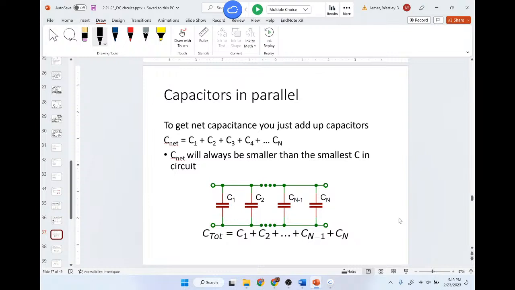So it's really nice and easy when they're in parallel. And this one, I don't need any math to help you understand why this is, which is kind of nice. Capacitors in parallel just get added. Here's the trick to understanding why. What is capacitance? Capacitance is how much charge they can store per unit voltage. Well, they all get the same voltage.